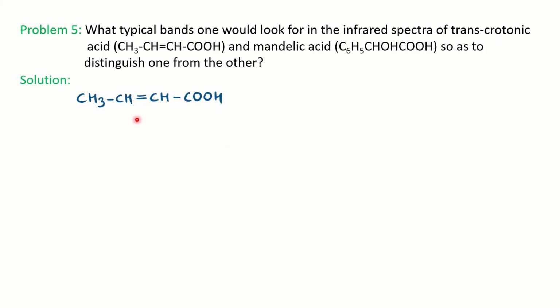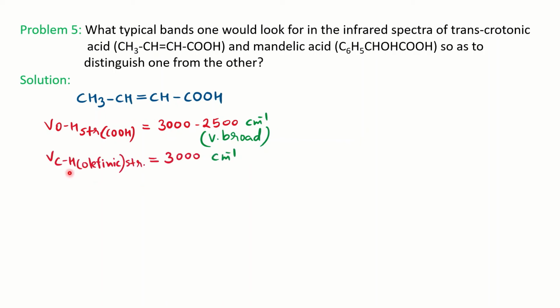So let's see. First, crotonic acid, which is a trans-crotonic acid here. The positions of the two bulky groups are opposite to each other. So what peaks can we assume for this molecule? You can see one peak for OH stretching for the acidic OH, in the range of 3000 to 2500, a very broad peak.